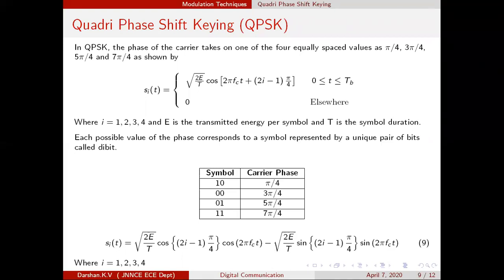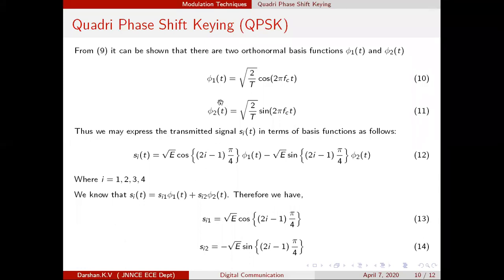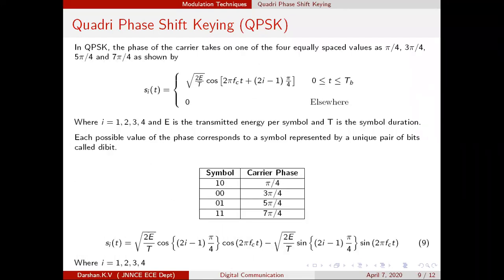This is my intuition. As per the calculation, the first basis function is given as root of 2 by T cos 2 pi fct. The second basis function is root of 2 by T sin 2 pi fct. Why I have told this is, don't try to remember or mug up the basis equation. Just extract the basis equation from equation number 9, or from the Si of t expression.